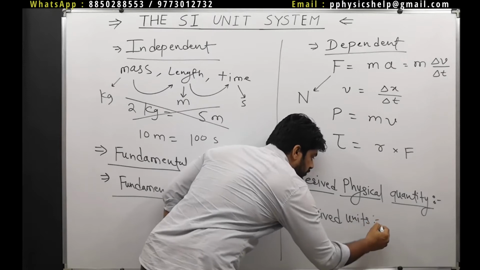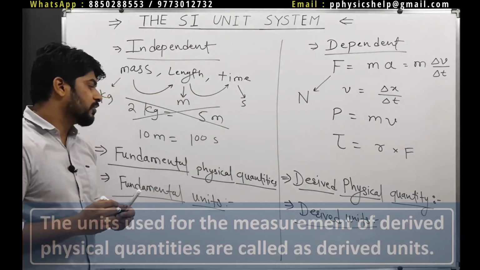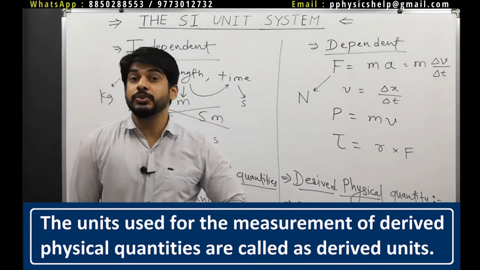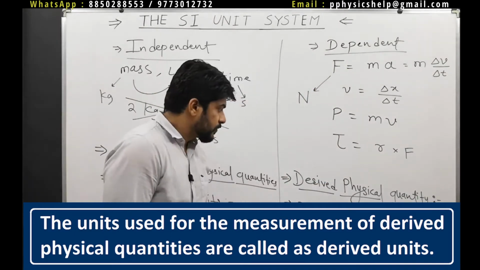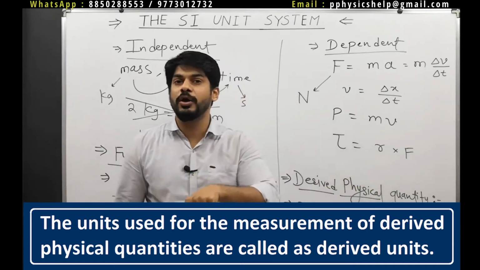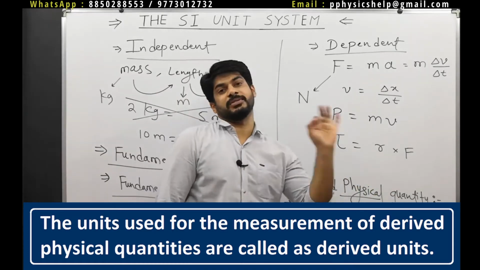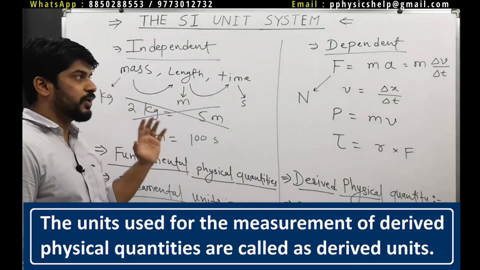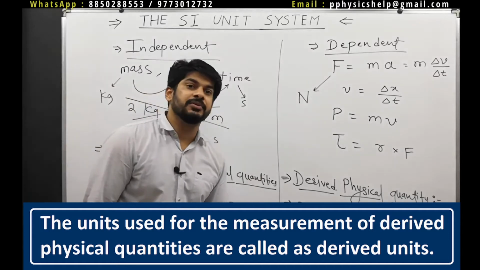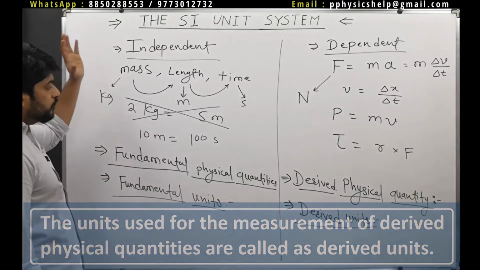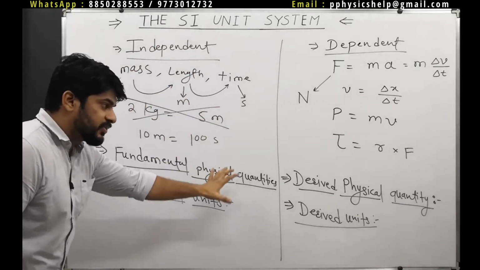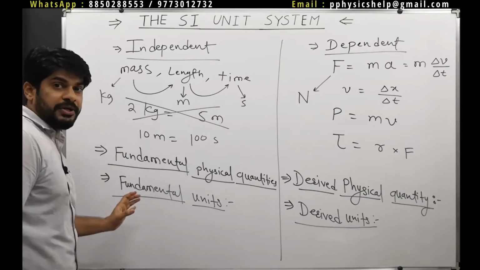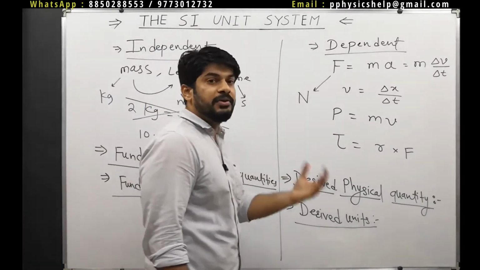The units used to represent derived physical quantities are called derived units. That can be the basic definition. You can see the definitions again on the screen. So this is the categorization of physical quantities, that is fundamental and derived quantities.